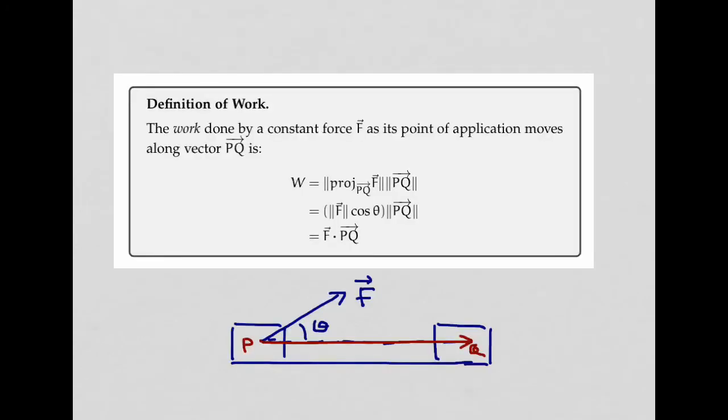To compute the work done in moving the wagon 100 feet, I'm going to use the formula that the work is the dot product of the force and the vector PQ. So W is equal to the dot product of the force F and the vector PQ.